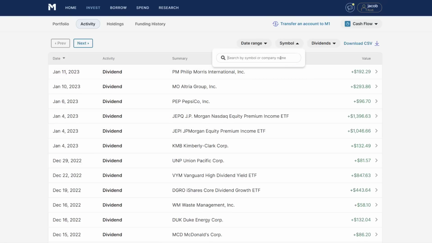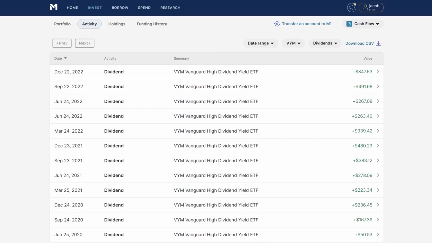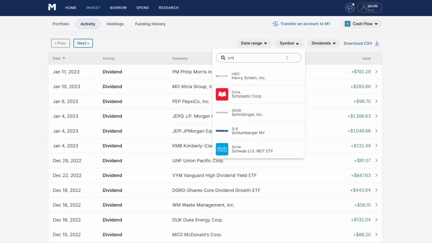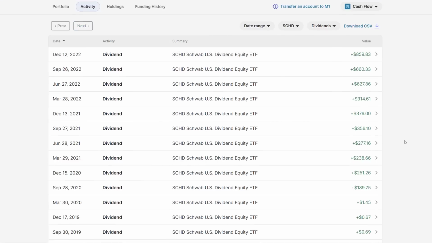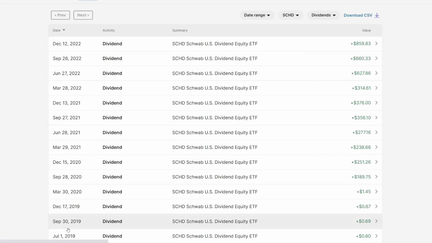If I look at another example, let's look at VYM, a dividend ETF from Vanguard. Very similar story where the dividend has continued to grow. It is so motivating for me to see that these dividends are growing and increasing. Then let's look at SCHD. Very similar story: I was investing in this ETF back in 2019, a very, very small amount.